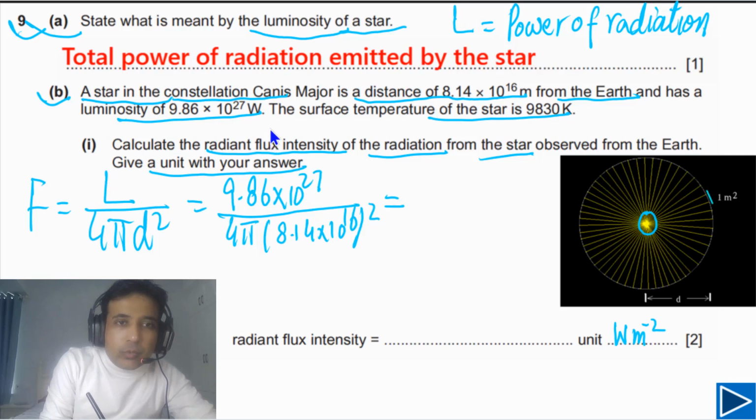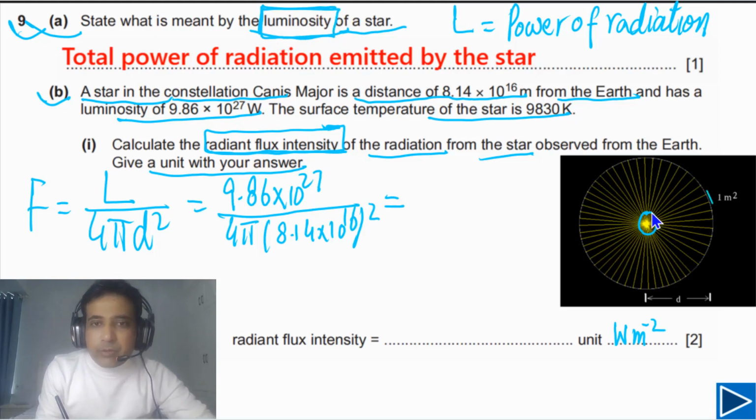Let's try to understand the difference between these two with the help of this figure. Luminosity is the total power radiated by the star per second, and intensity at any distance, for example at this point, we can calculate the value of the intensity. This is the amount of energy per second reaching this unit area, that is the intensity, meaning power per unit area.